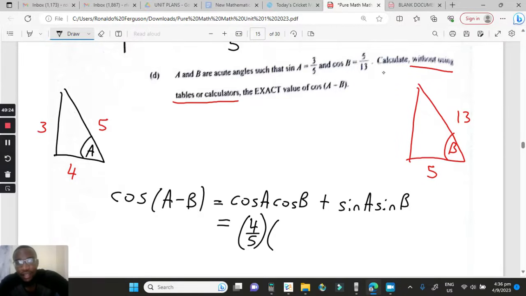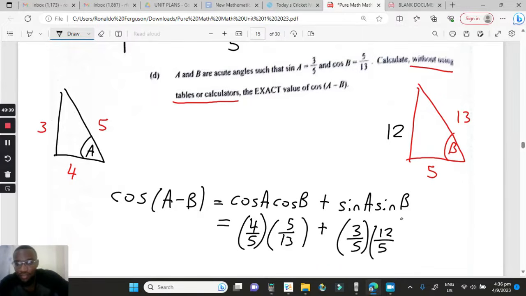Cos B was given 5 over 13. Plus sine A we said was 3 over 5. Then sine B, this would be 12. So that's 12 over 13.